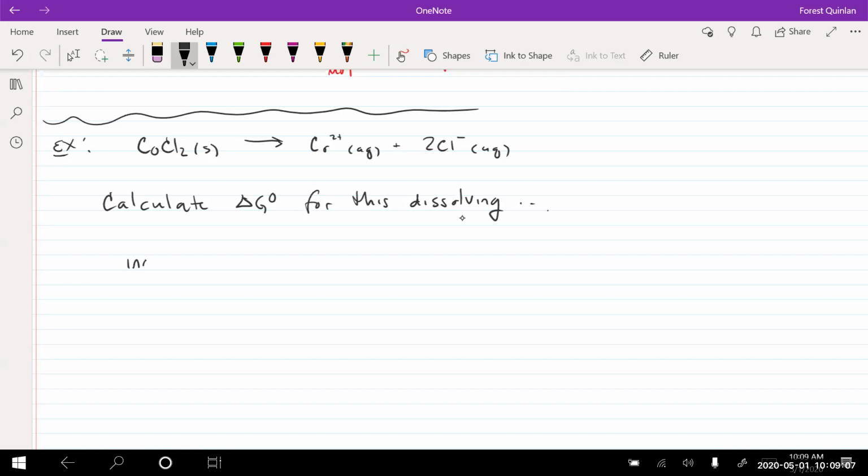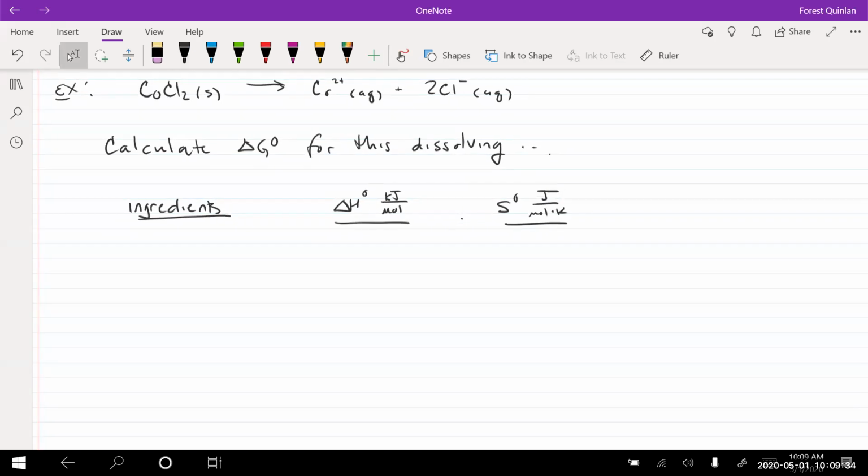So I'm going to get my ingredients. I'm going to get each of those delta H naughts, which are going to be in kilojoules per mole. And I'm going to get their S naughts, which are going to be in joules per mole Kelvin.